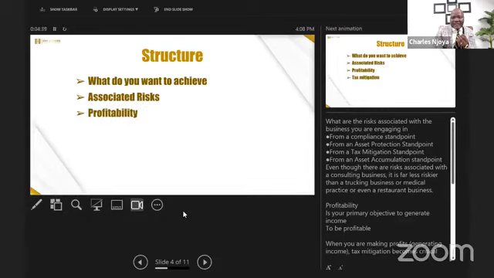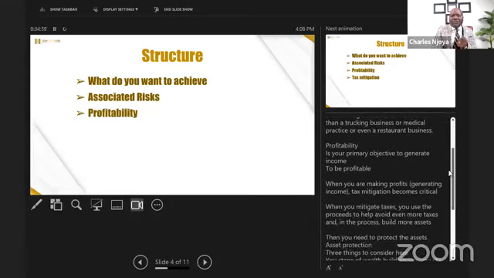You think about things like profitability. When you think about profitability, is your primary objective to generate an income, to be profitable? Those are the things you consider when you're talking about the structure of a business. When you are making profits, you're generating income.